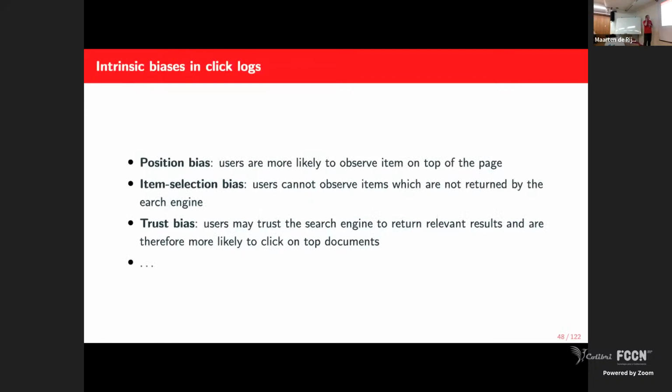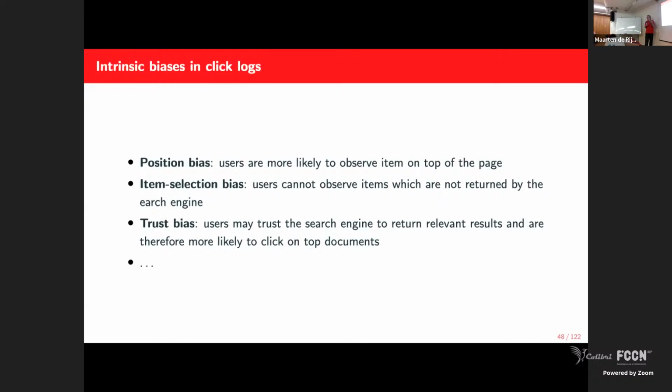Now, as we discussed a few minutes ago already, there can be lots of biases in the log data. Position bias: users are more likely to see and interact with an item at the top of a page. Item selection bias: our catalog, our index may have millions of items. We can't show all of them.